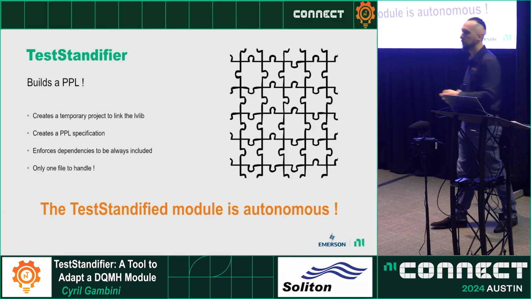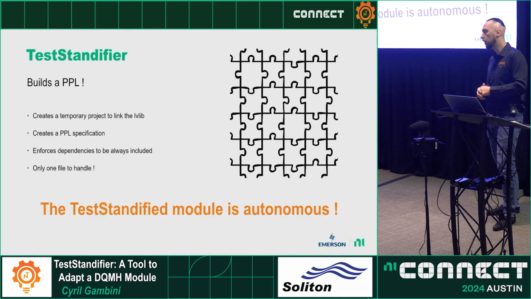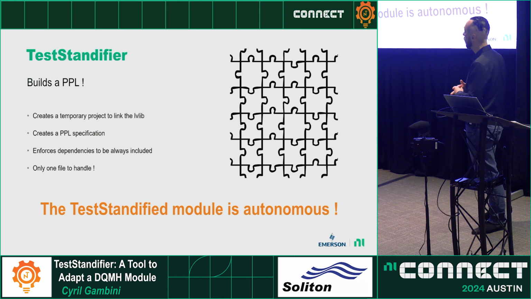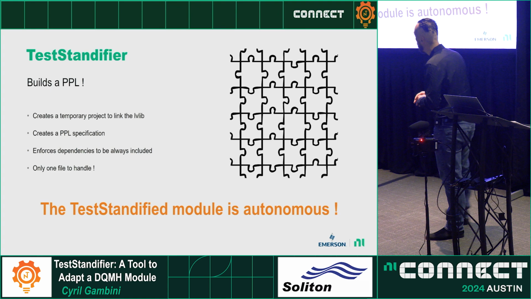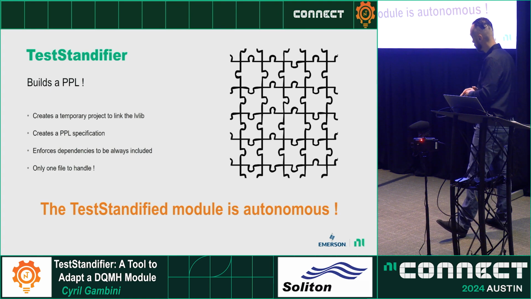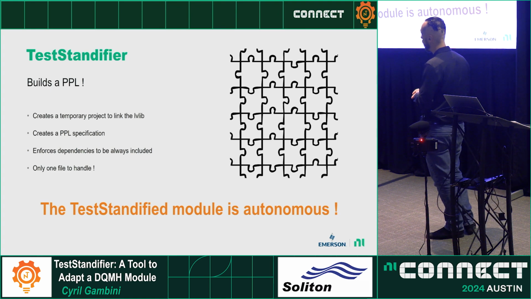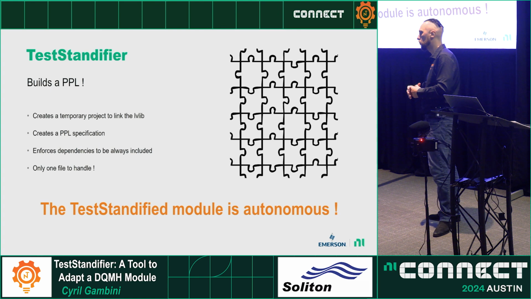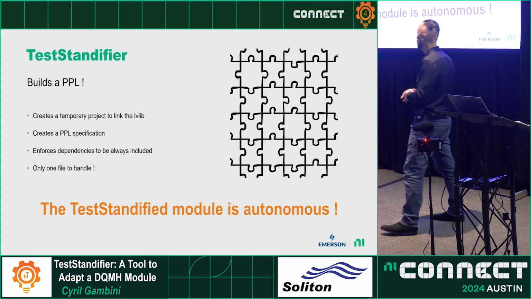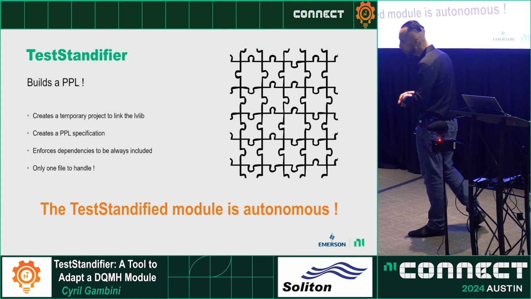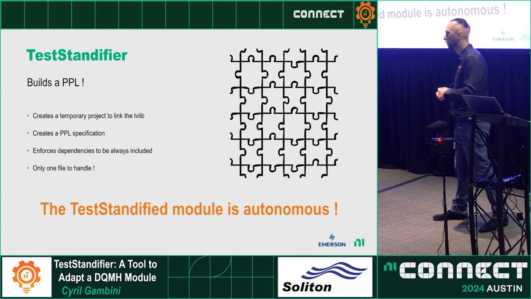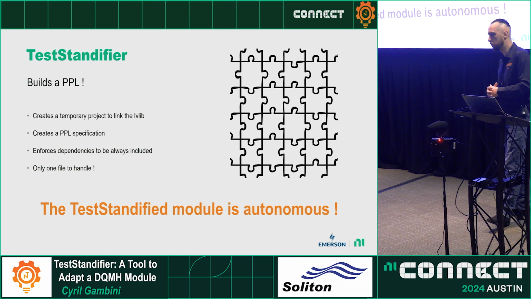Or we can build a PPL. So instead of having hundreds of VIs, you only have one file, and all the VIs you need are inside the PPL. So we create the PPL from the module modified in the source distribution. And we enforce all the dependencies of your DQMH module to be present in the PPL.